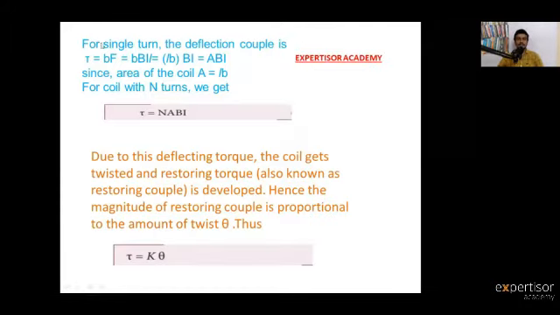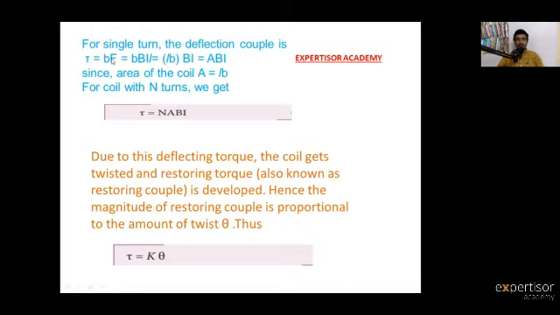For a single turn, the deflection couple is tau equal to B into F, where B here is the breadth.